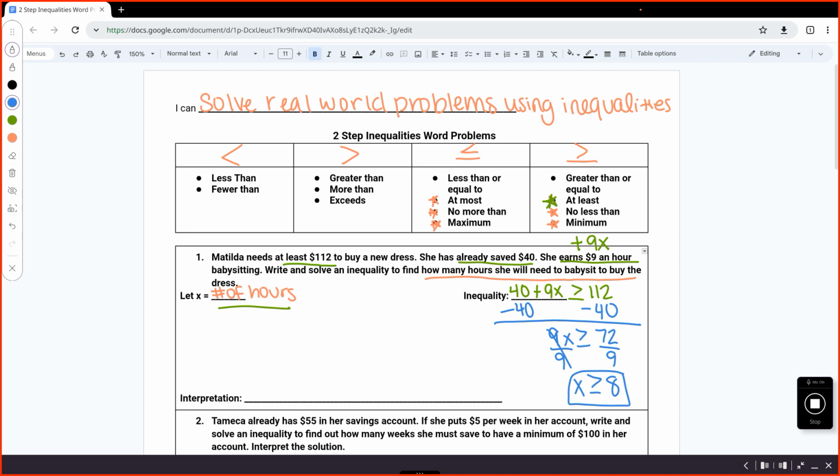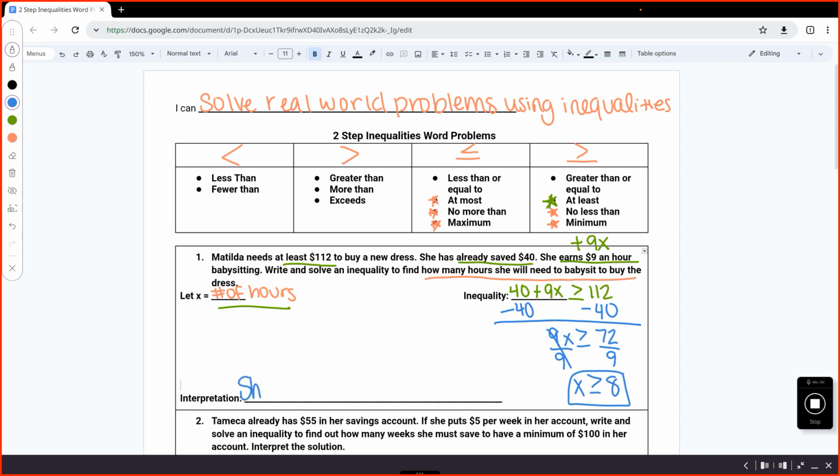So here, where it says interpretation, if somebody asks how many hours will I need to babysit, you wouldn't answer them as, oh, x is greater than or equal to 8. That doesn't make sense. You have to answer the question that's being asked. So the question that's being asked is how many hours will she need to babysit?